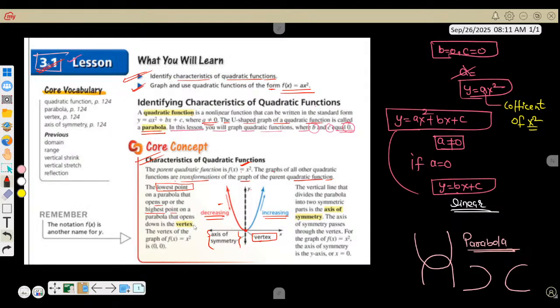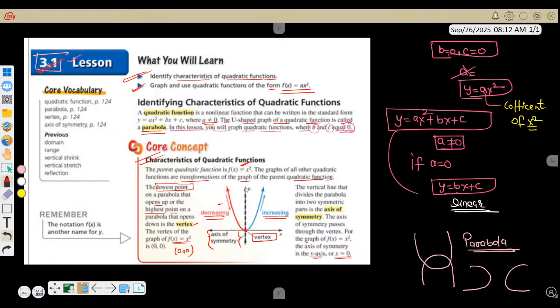That is called the vertex. The vertex of this parent graph is always (0, 0). The vertical line that divides the parabola into two symmetric parts is the axis of symmetry. The axis of symmetry always passes through the vertex. For this graph, the axis of symmetry is the y-axis, or x is equal to 0.